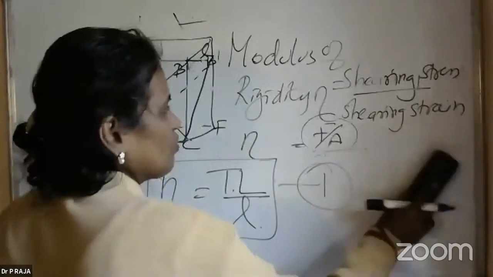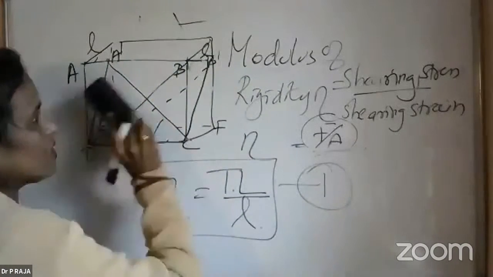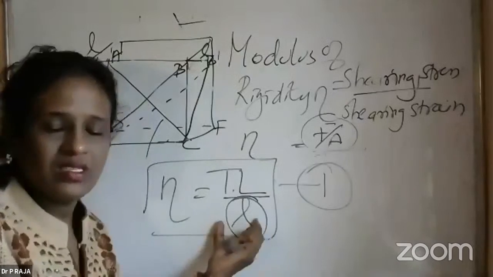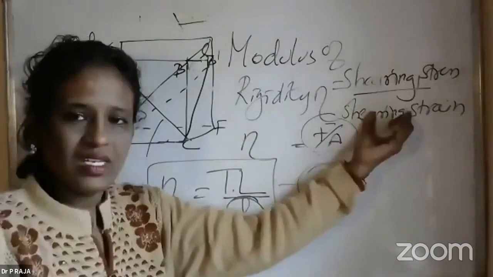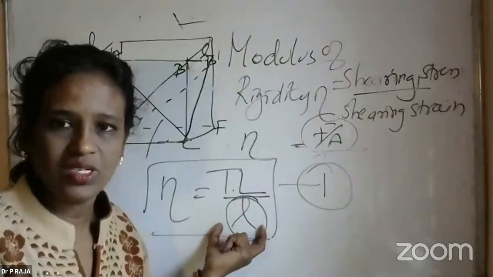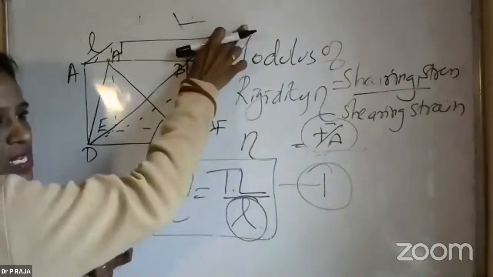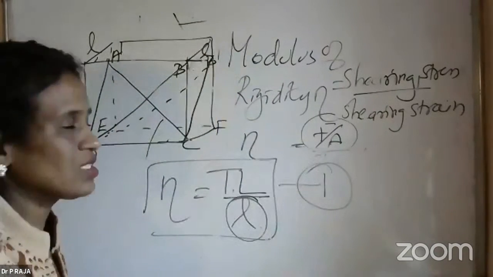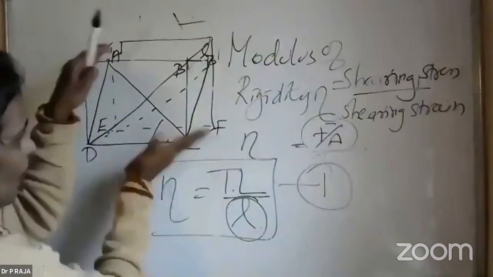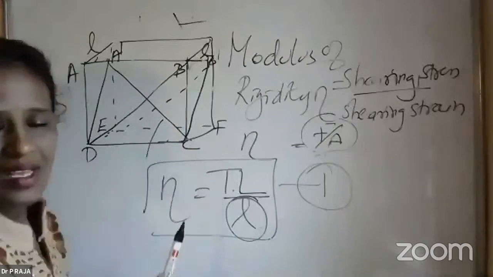Now our aim is to find this elongation. The shearing strain will be in terms of the elongation that is produced due to the force that is being applied, which in turn produces the tensile stress along one side and compressive stress on the other side.